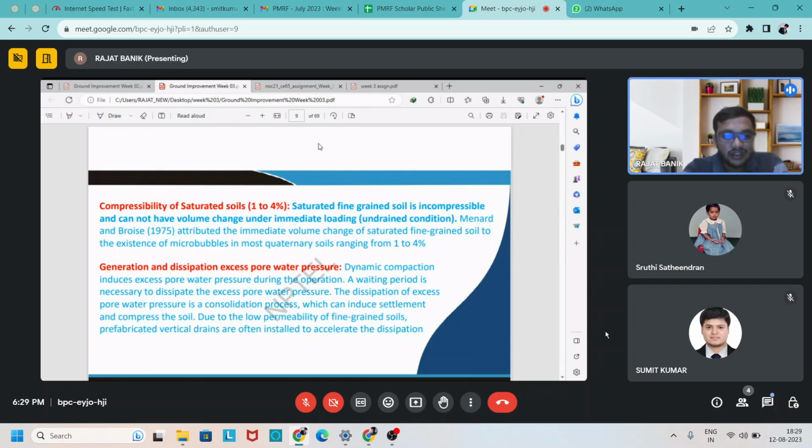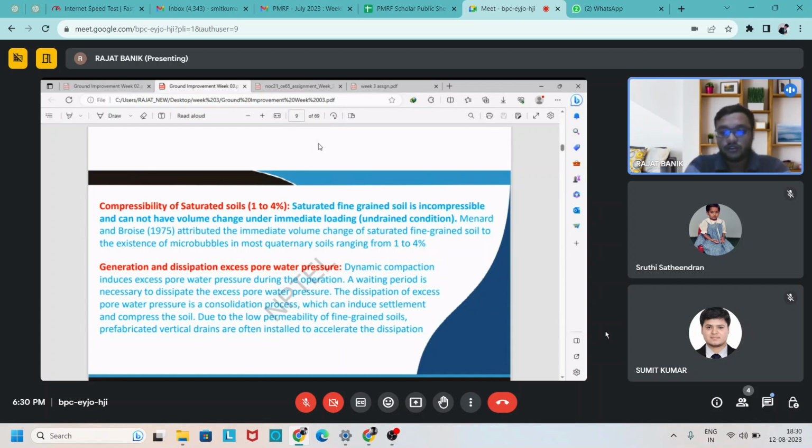The next mechanism in dynamic consolidation is generation and dissipation of excess pore pressure. We already said that dynamic compaction induces excess pore pressure during the operation, and a waiting period is required to dissipate the excess pore water pressure. That means dynamic consolidation is applied in saturated clay soil or some saturated soil which has fines content.